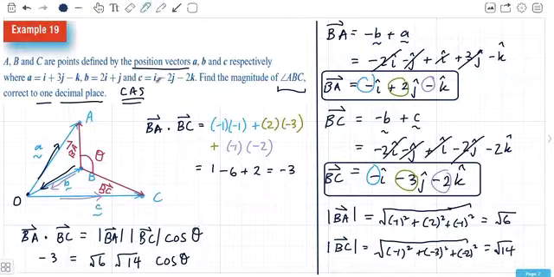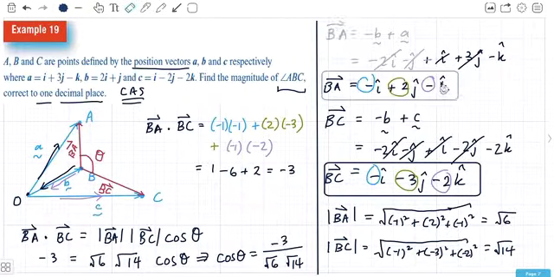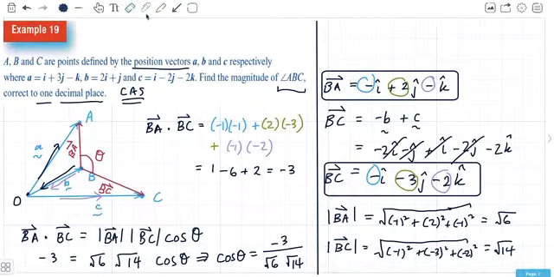So cos theta equals -3 divided by the two magnitudes, root 6 and root 14. Okay, and again, to find theta, there'd be one final step, and I'm just going to erase this section here.